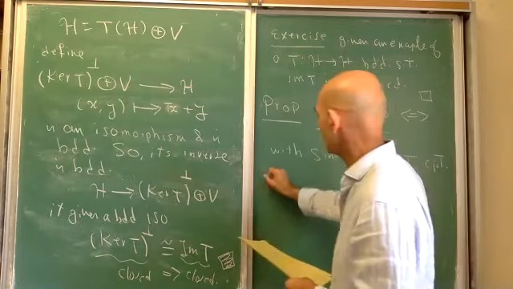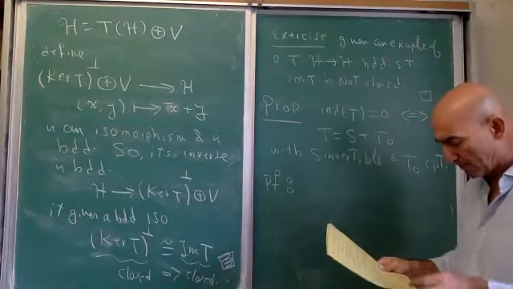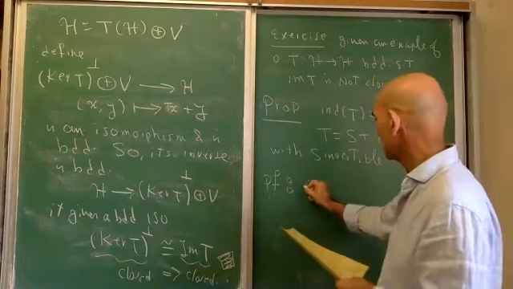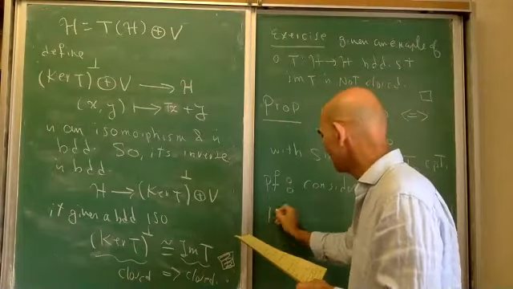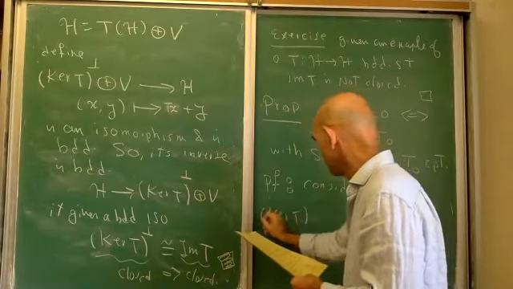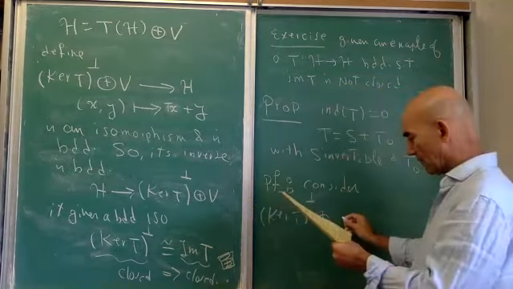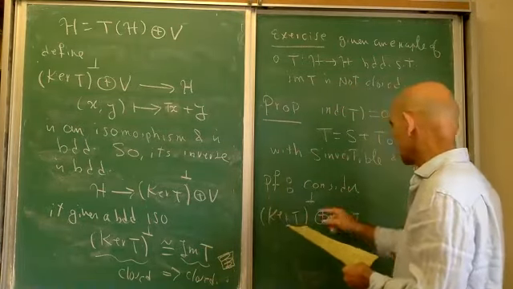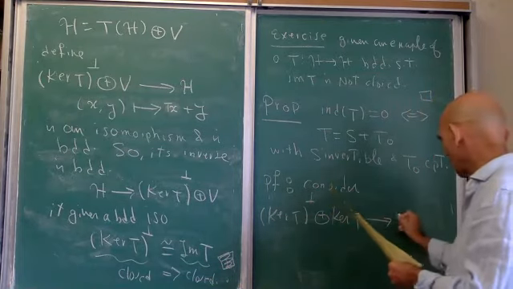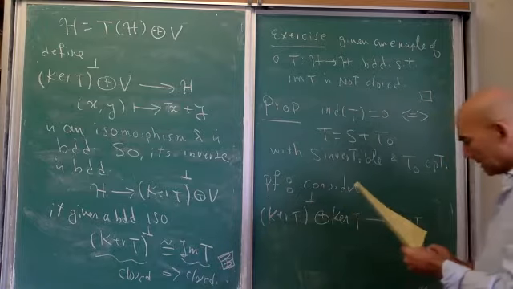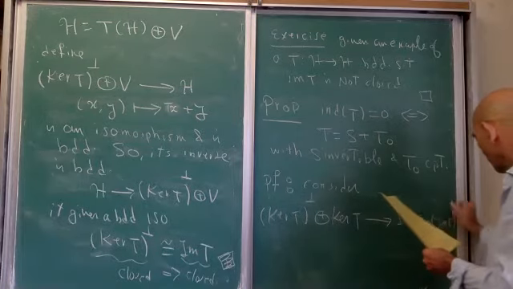So proof. We just use this lemma that we proved. So consider this diagram. Kernel of T perp direct sum kernel of T, so that's the orthogonal decomposition of H. We go to image of T direct sum image of T orthogonal complement.